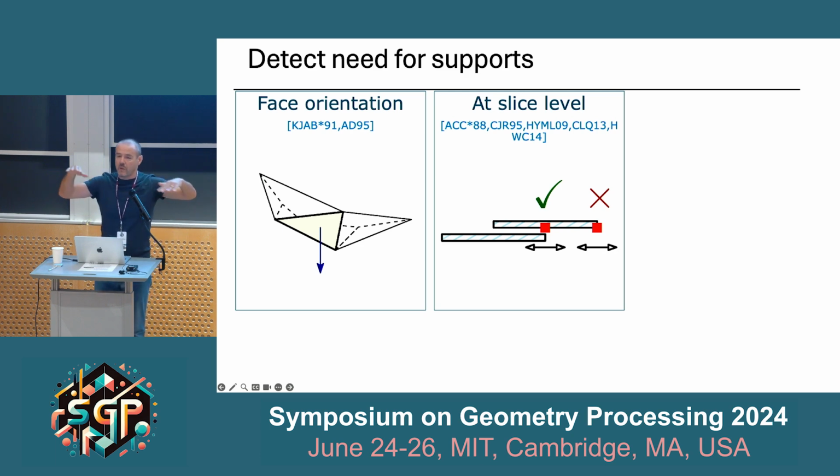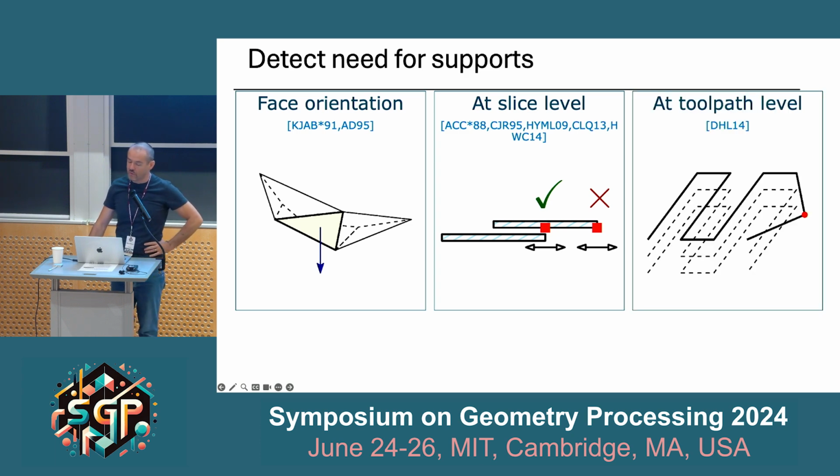So you take each of the polygons representing the slices, and you see if any upper polygon is contained in a lower one. If not, you have something that needs to be supported. Or you can even do that at toolpath level. So you see exactly what the machine is going to do. So if the machine is going to deposit material in void space, that would be a problem.